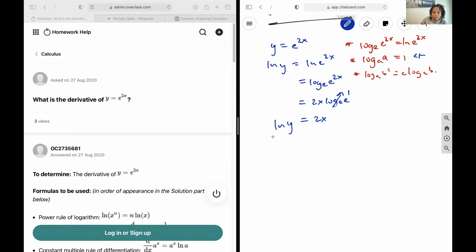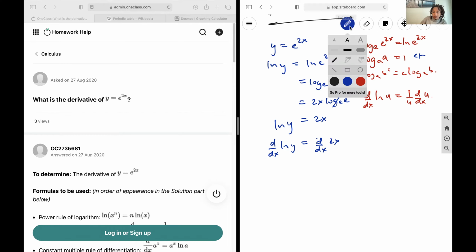Next up, we're going to want to take the derivative of both sides. Okay, and then we know that d over dx of ln u is going to give us 1 over u multiplied by d over dx of u.